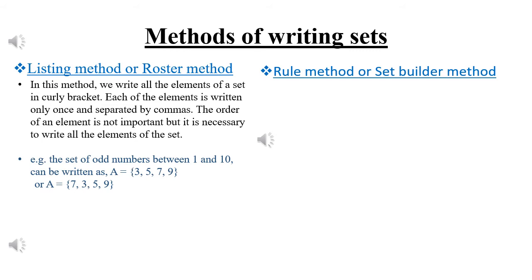So we write only one type of element once. So here my set will be A is equal to R, comma E, comma M, comma B.